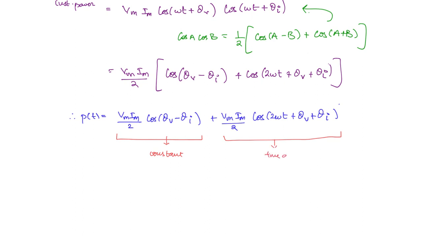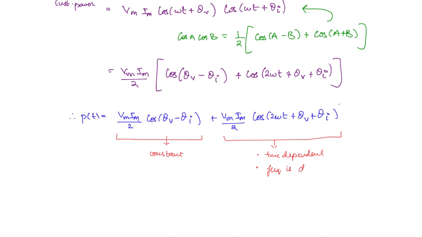And also one more thing that you can see here is what is the frequency of this cosine function here. It is 2 times omega t. So that means if voltage and the current waveforms have a time period like this, then the power waveform is going to have a time period of half. That means it will complete 2 cycles in the same time period. So you can write that point here as well.